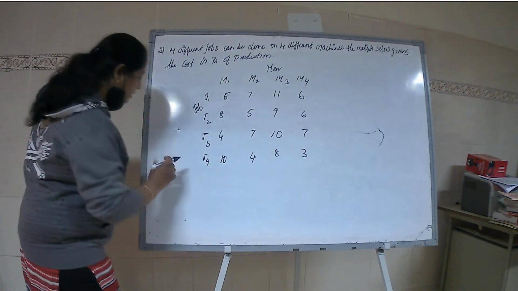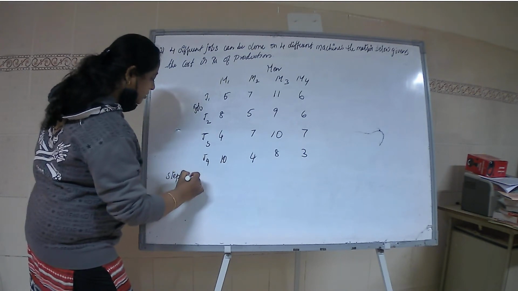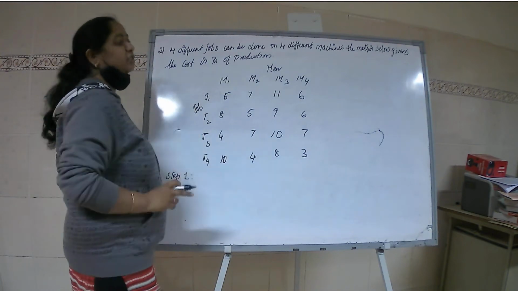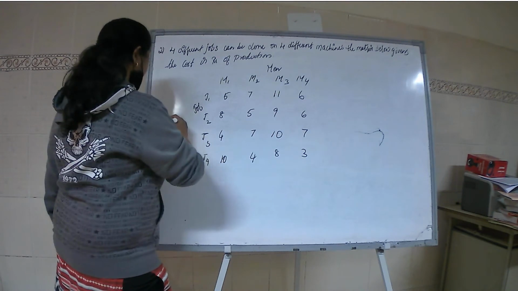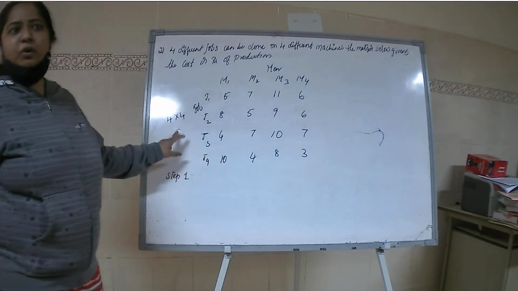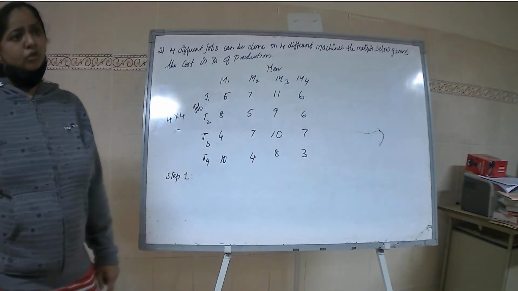Okay, so the first thing is you need to start with step 1 and check whether the given matrix is a square matrix or not. Same logic. That is 4 cross 4. As you can see in the problem, you have 4 jobs and 4 men. So it's a 4 cross 4 matrix.